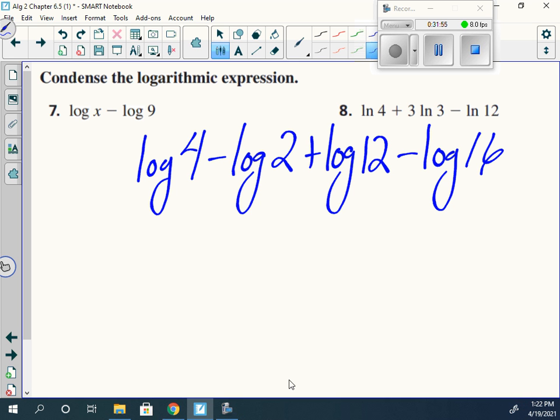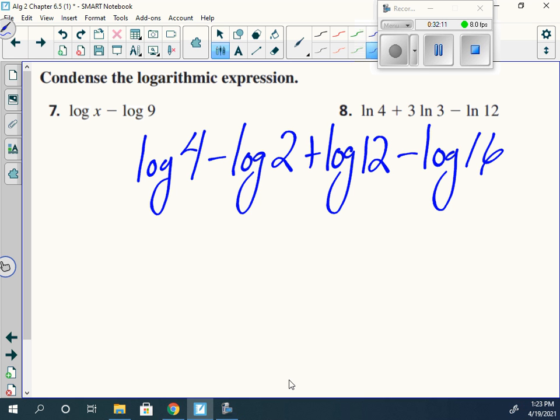I'm just making this one up on the spot. Now, if we were actually to apply the division property, I would have to group the log of 2 and the log of 16 because they both have a negative in front of them.